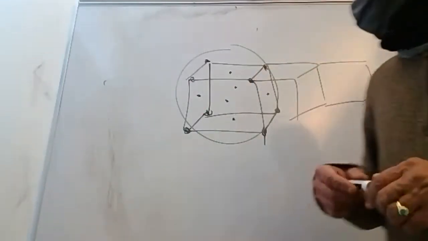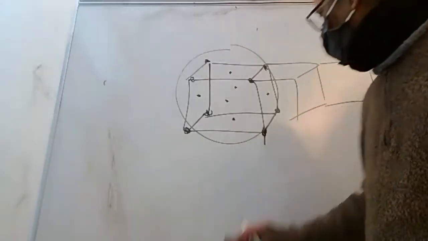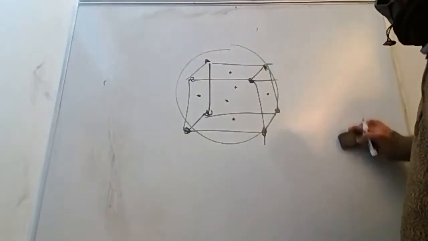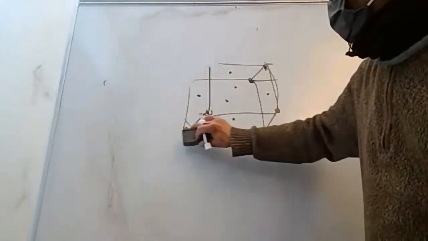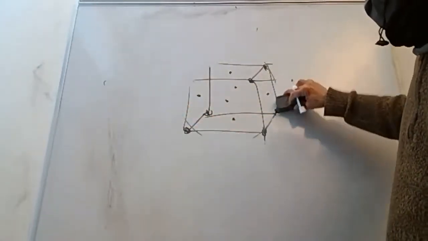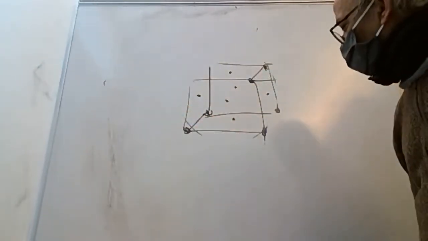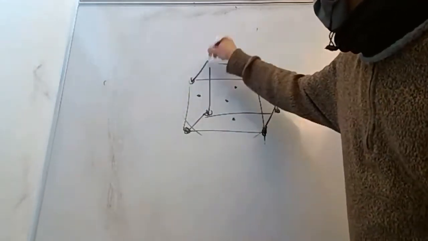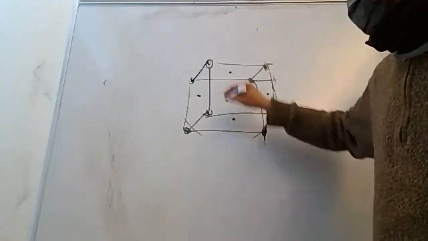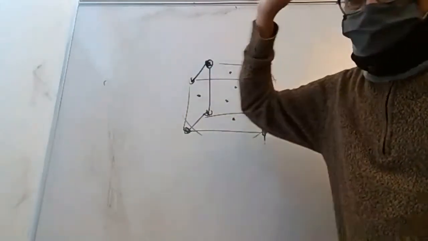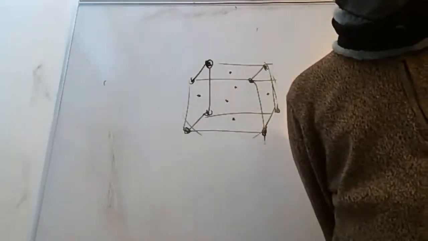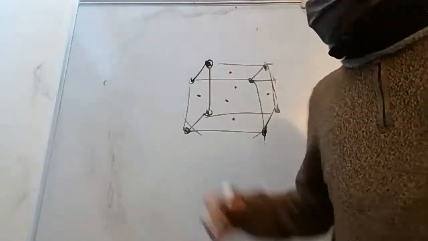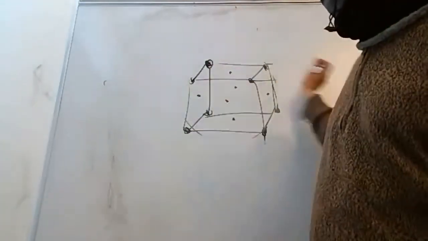Now, if that is the case, let's now look at the points at the corner. How many cubes share this corner, when you have a cube above this, on the side, this way, that way?